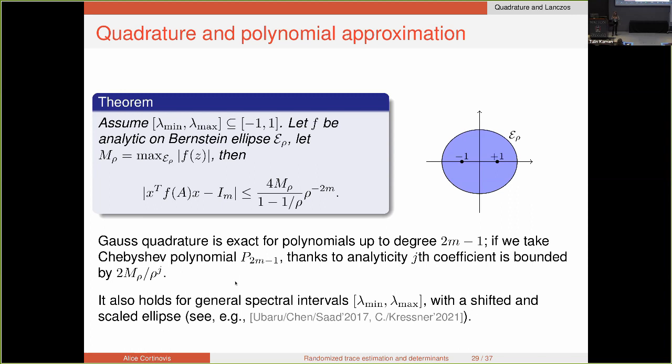You can prove that if your matrix has eigenvalues in [-1, 1], and your function is analytic on an ellipse with foci in -1 and 1 and with the sum of the semi-axes equal to ρ for some ρ larger than 1, then the coefficients of the Chebyshev polynomials decay with rate ρ^j. So at the end, the approximation of the quadratic form converges with twice that rate.